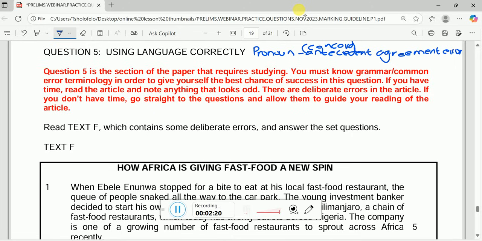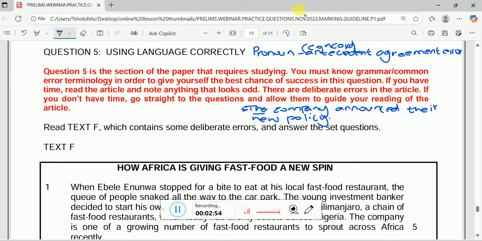Let's look at the following example. The sentence reads as follows: the company announced their new policy.